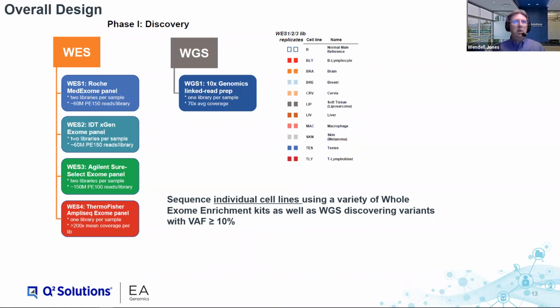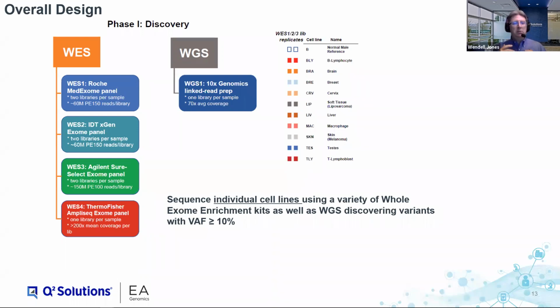In fact, one of them, the T lymphoblast cell line, has an additional interesting characteristic in that it is inherently polyploid or tetraploid because it's a fusion of a normal and a cancer cell line. And so we would run 2 libraries of those. And then for additional verification, we also used the Thermo Fisher AmpliSeq exome panel, where only 1 library was created.